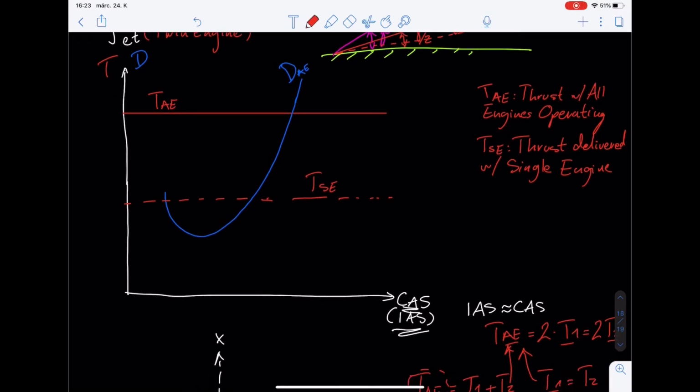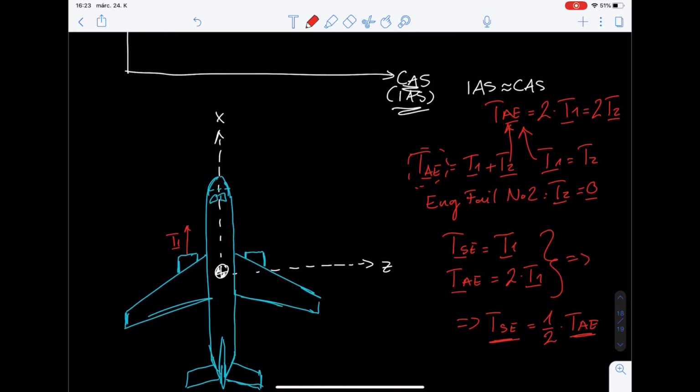However, you'd be wrong. So what happens around the center of gravity initially when you have these two forces is that the moment generated by these forces around the center of gravity, so you're going to have one moment from T1 acting on the K1 arm, is pointing in this direction.